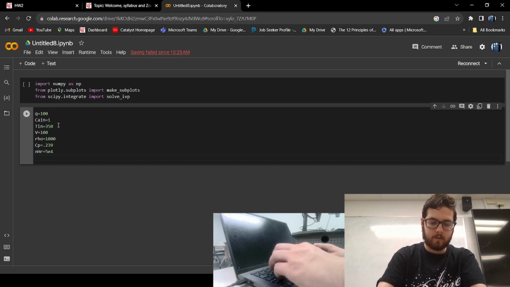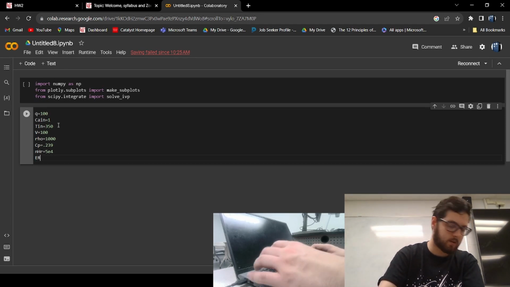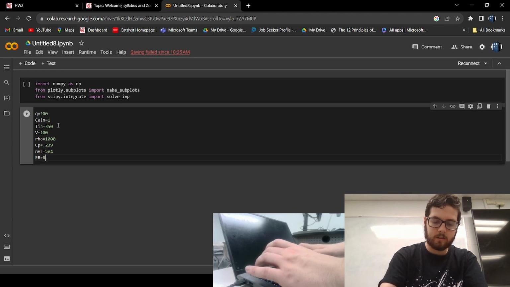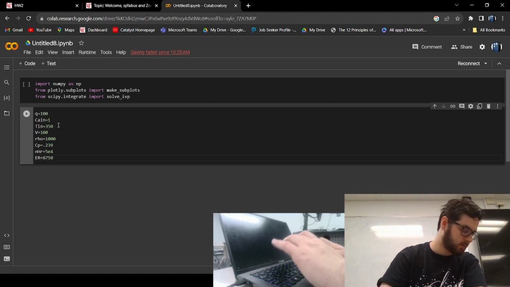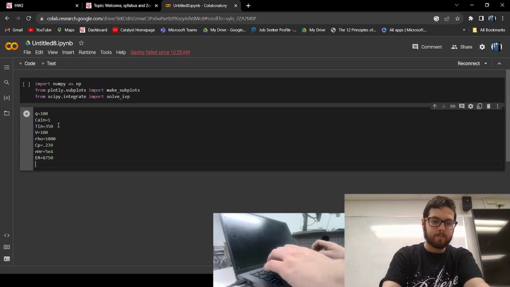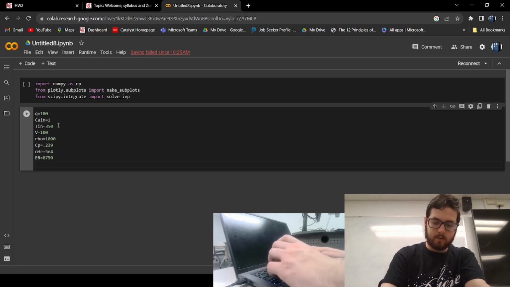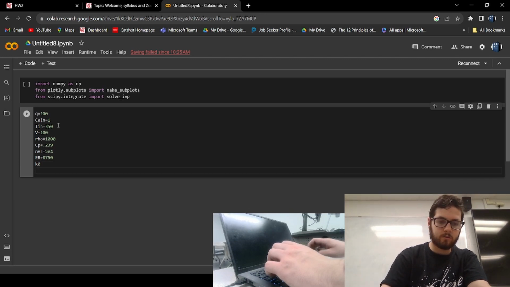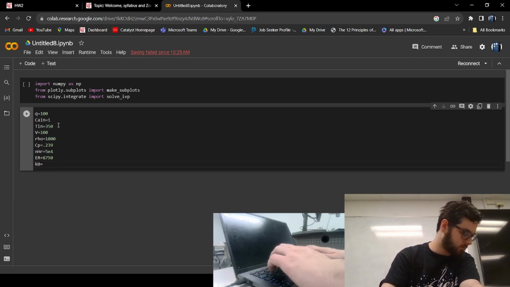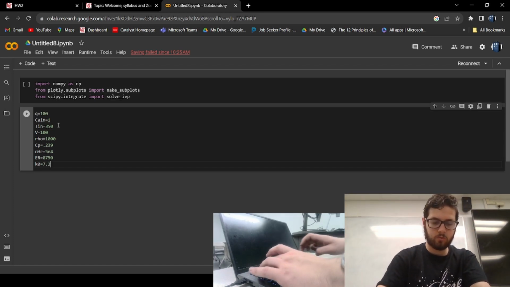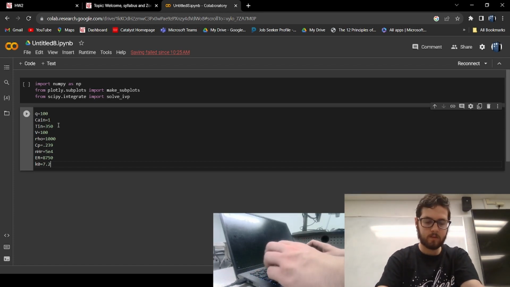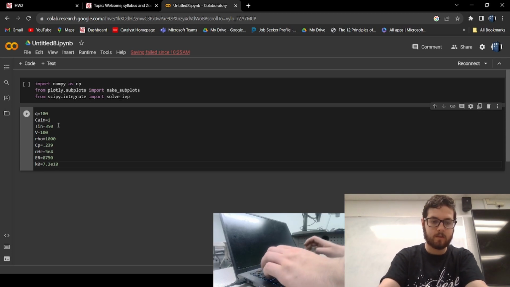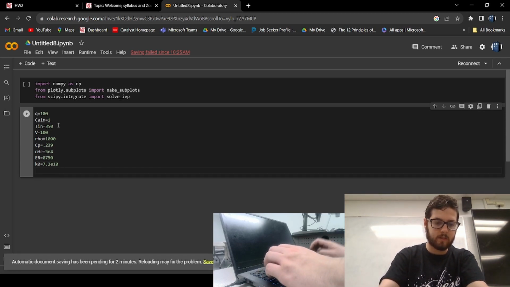Our E over R, and I'm just going to rewrite it as ER, is equal to 8,750 Kelvin. Our initial K is equal to 7.2 times 10 to the 10 per minute.